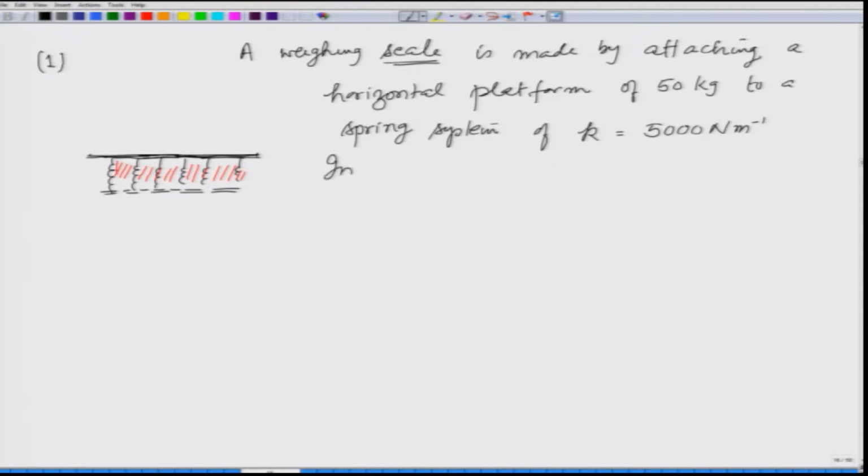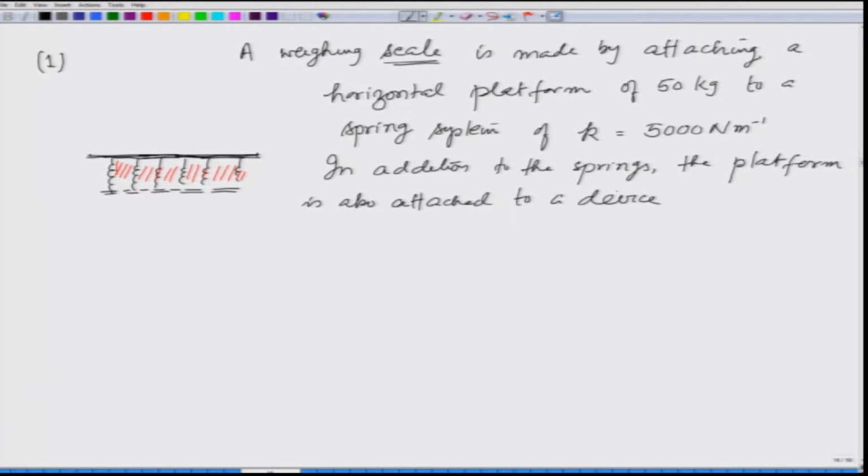In addition to the springs, the platform is also attached to a device. It could be, for example, some rods here which are put in some liquid or in something that damps the motion.